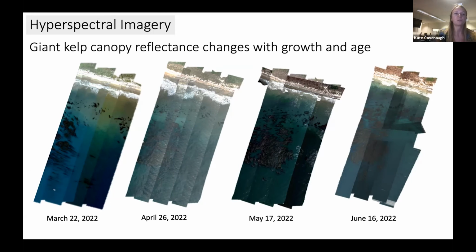And it's going to be challenging for us to make these relationships between the physiological state of the canopy and these reflectance data, because you can see how challenging even the ambient lighting conditions can make the imagery itself. So for example, that image on April 26th is really impacted by sun glint, and that's something that we're going to have to figure out how to modify for moving forward.